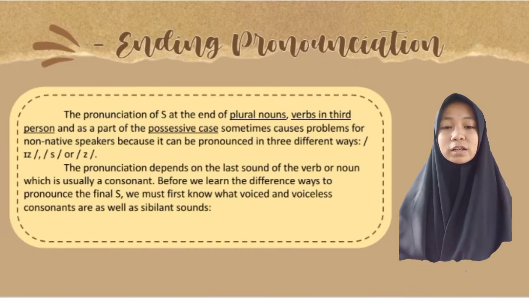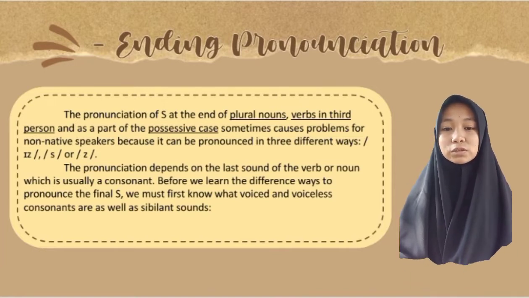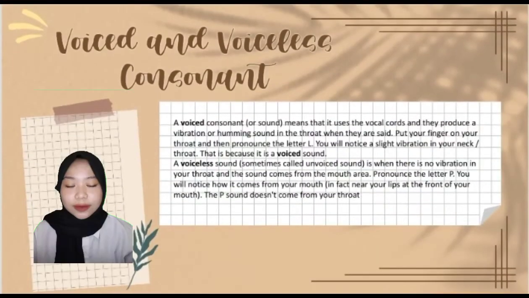Before we learn the different ways to pronounce the final S, we must first know what voiced and voiceless consonants are, as well as sibilant sounds. Voiced consonants and voiceless consonants. A voiced consonant or sound means that it uses the vocal cords and they produce a vibration or humming sound in the throat when they are said.